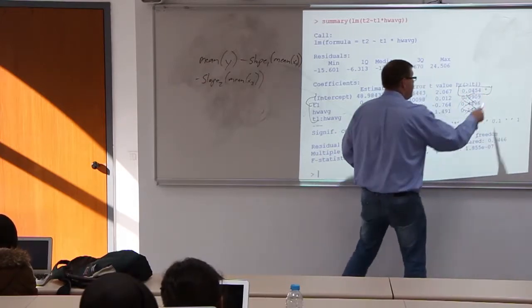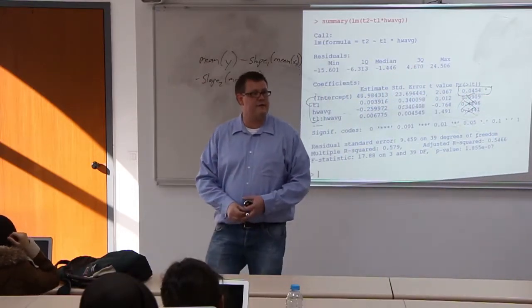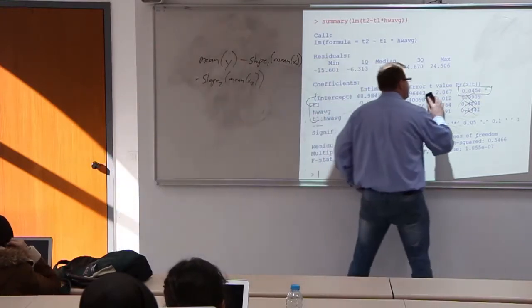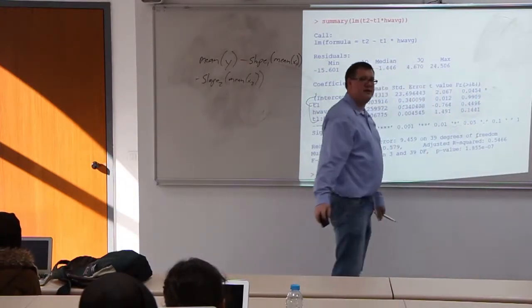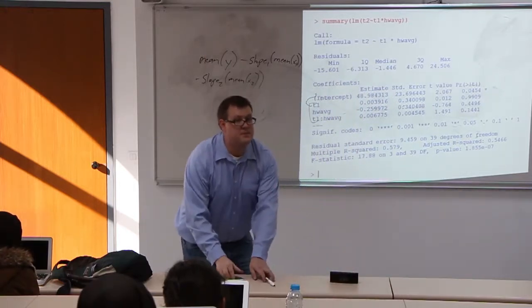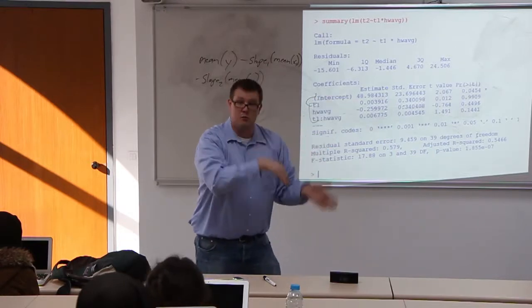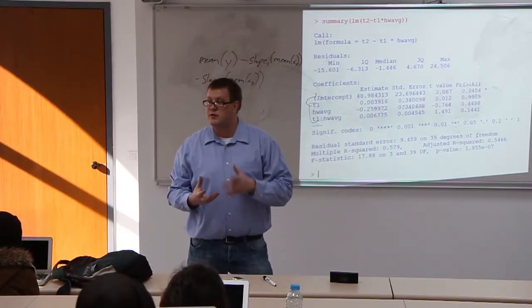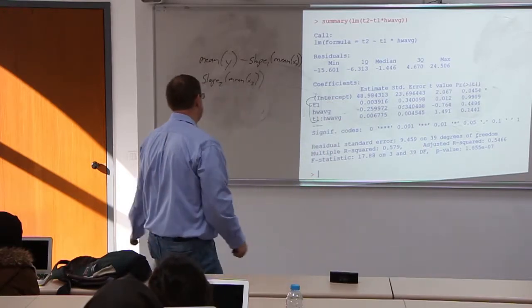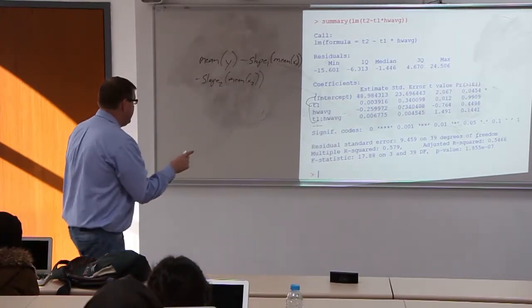Notice, the intercept is significant, but none of the slopes are significant. Typically, it's the slopes that you are more interested in as opposed to the intercept, because it's the slopes that are telling you about the relationship that you have with the dependent and independent variables.